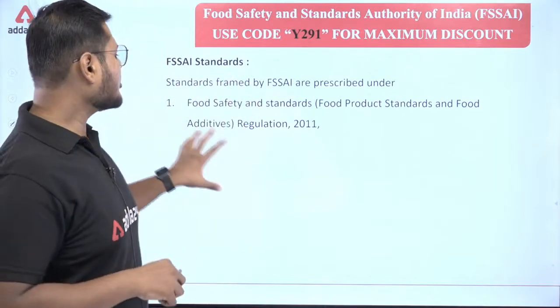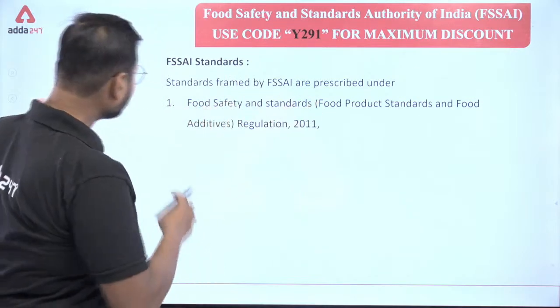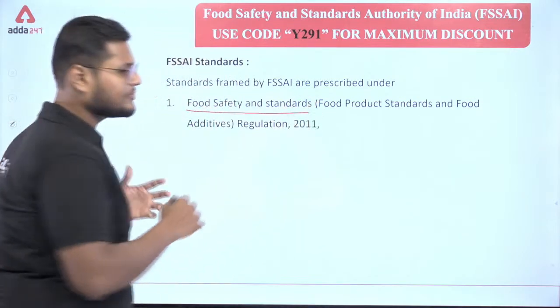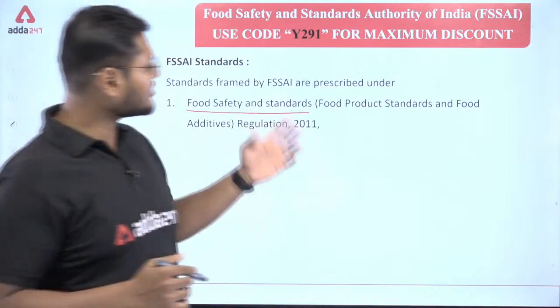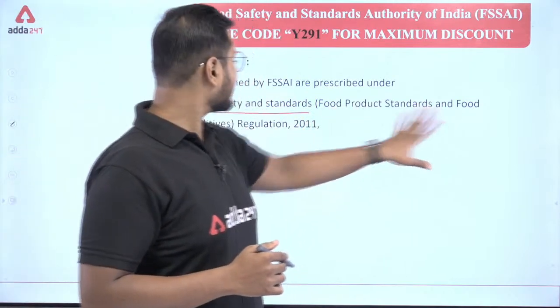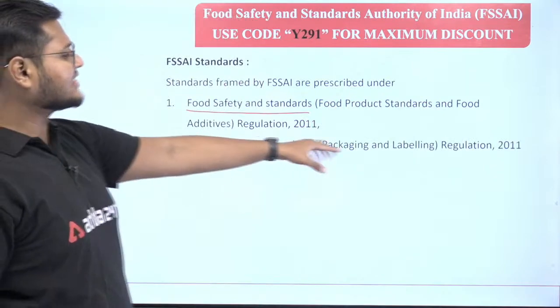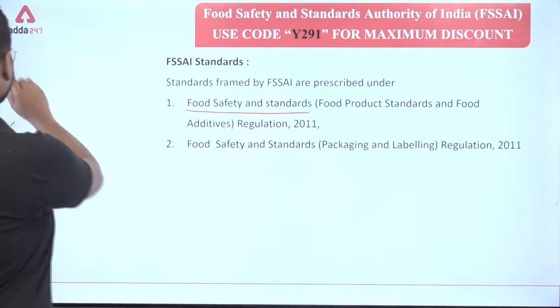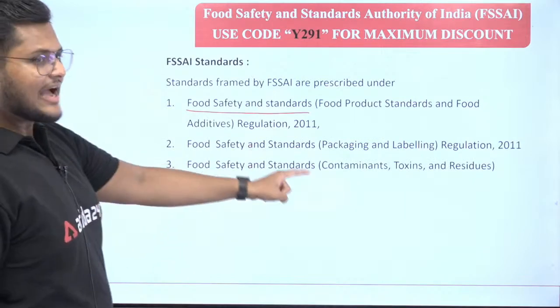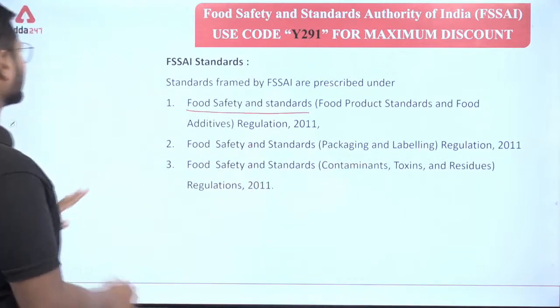We have the Food Safety and Standards Act, as we know, but there are many regulations in that. One of these regulations is the Food Product Standards and Food Additives Regulation 2011, the Food Safety and Standards Packaging and Labeling Regulation 2011, and the Food Safety and Standards Contaminants, Toxins and Residues Regulations 2011.